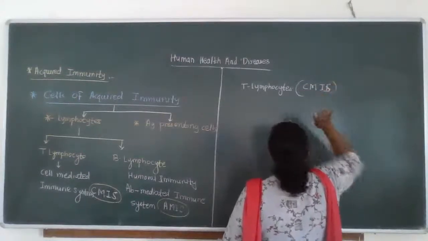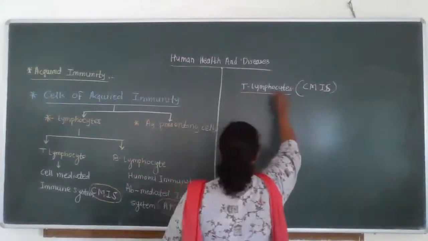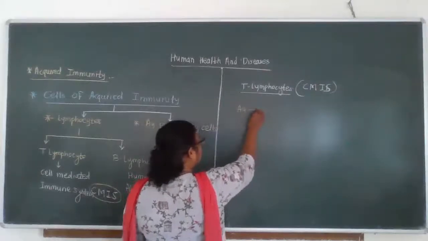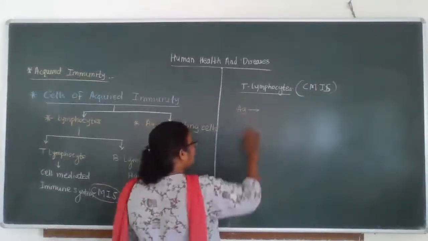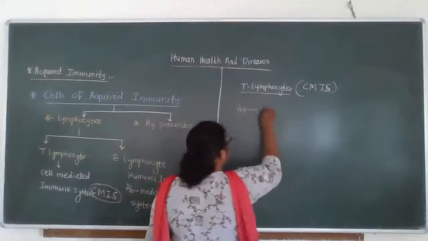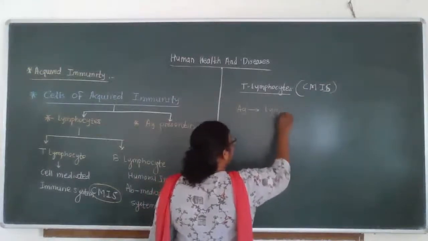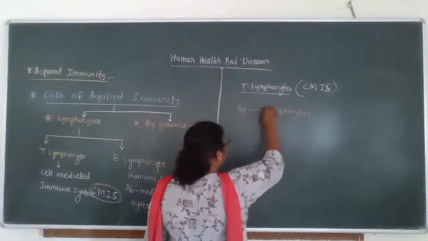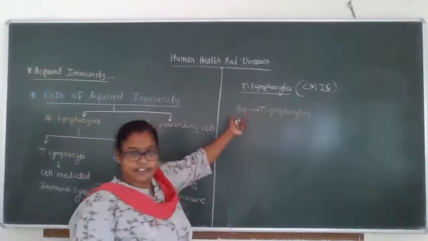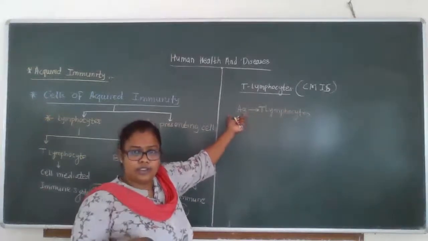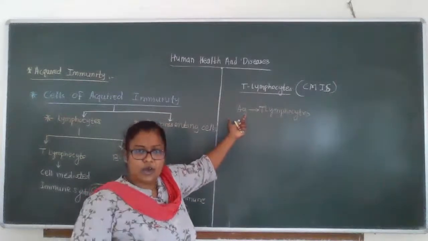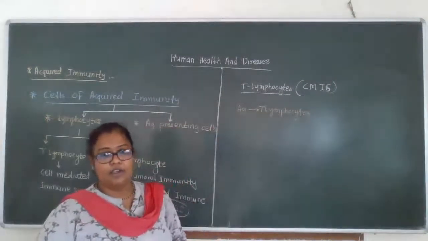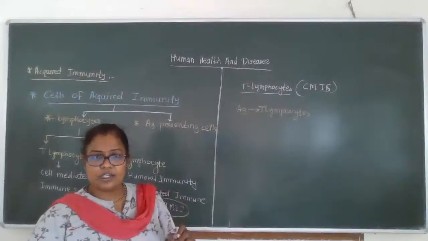So how does this cell-mediated immune system work? When an antigen invades our body, it stimulates our lymphocytes, especially the T lymphocytes. When antigenic invasion occurs or an antigen enters our body, at that time our T lymphocytes get sensitized.